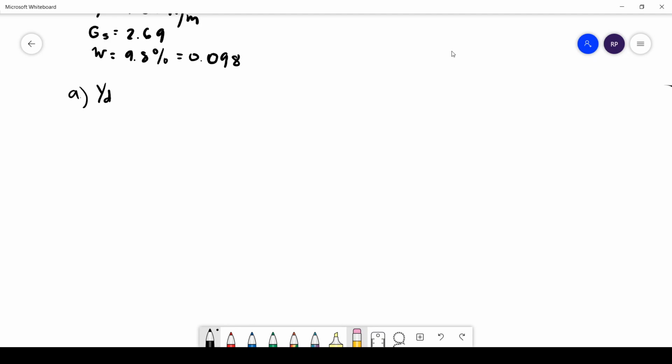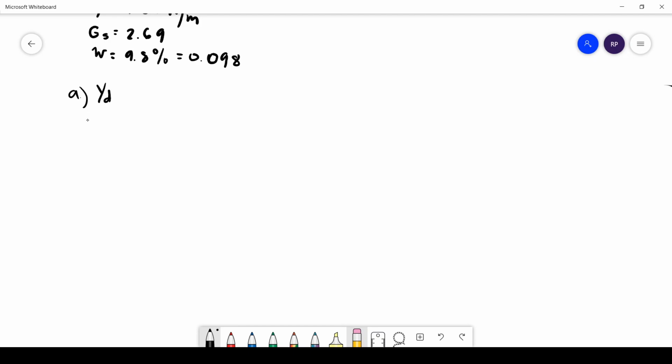So para mas madali sa inyo na ma-determine yung dry unit weight, listan nyo muna yung mga possible na equations na gagamitin. Lahat ng involved si dry unit weight or pwedeng ma-involve si dry unit weight, ilistan nyo lahat. And then doon kayo gumawa ng more complicated equations or easier equations para ma-solve yung pinapahanap sa inyo.